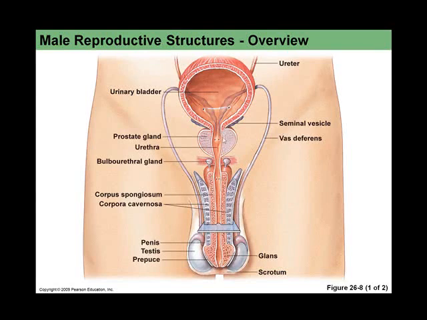We see the prostate surrounding the prostatic urethra of the male, and the ejaculatory ducts opening into there, and those lead back to the ductus deferens that continues all the way to the gonad.